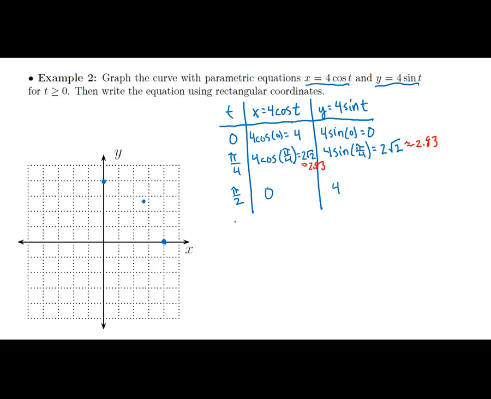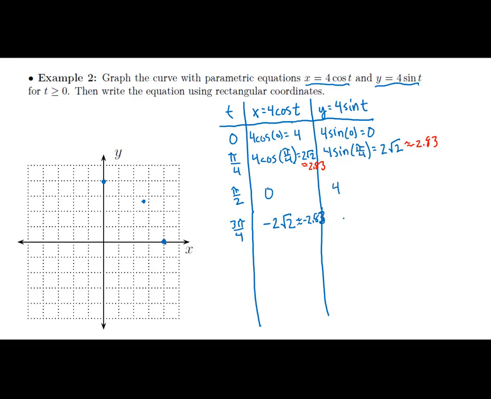If I plug in 3 pi over 4, better extend this down a little bit, then when I plug that into cosine, I get negative 2 root 2. Because you get negative root 2 over 2 here, cancels with the 4, negative 2 root 2, so that's about negative 2.83, just like we saw above.